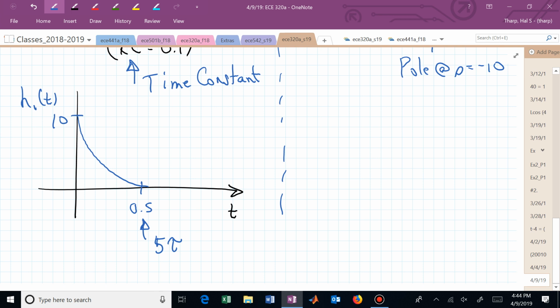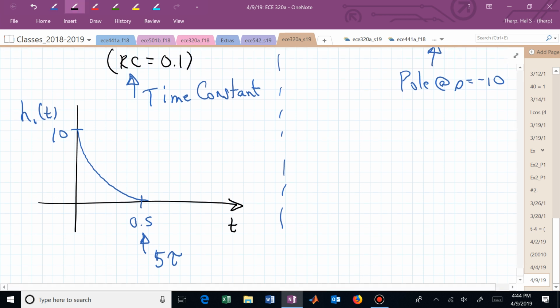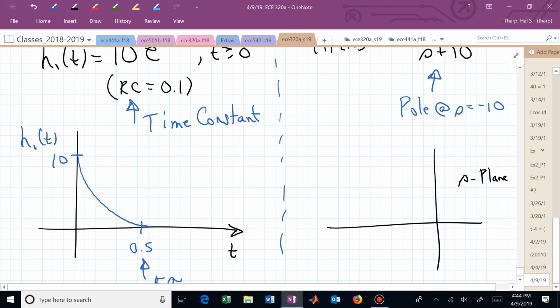What happens in the S domain? What are we sketching over here? Think mall. Think tent. Poles and zeros. What do we have in the S-plane? We need to look at h sub 1 of s and find the poles and the zeros.